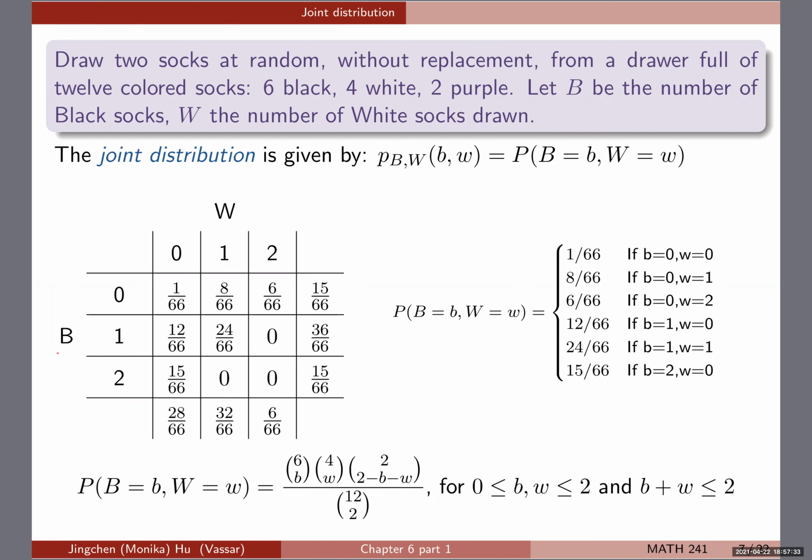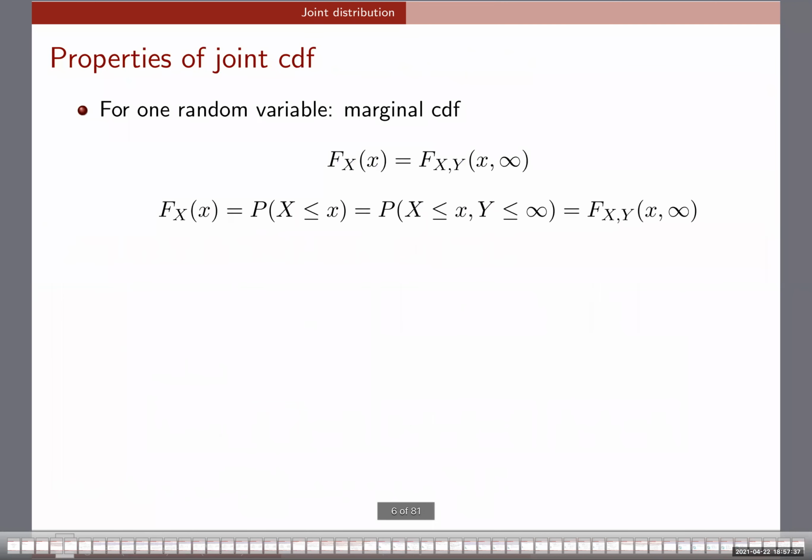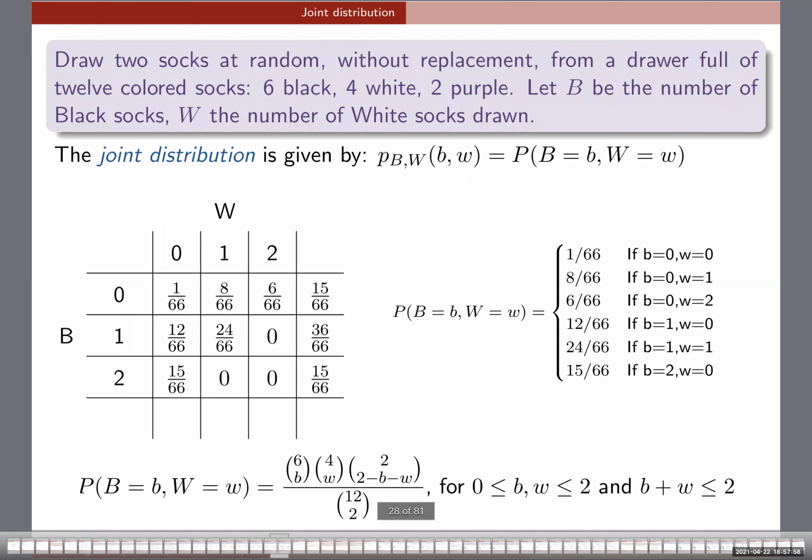If I bring us back to the definition we had earlier, when we talked about the joint CDF, even though that was the CDF, the idea is that if you have the joint, in order to get the marginal you pretty much just ignore the one you're not working with. That follows the same logic as what we're doing here.